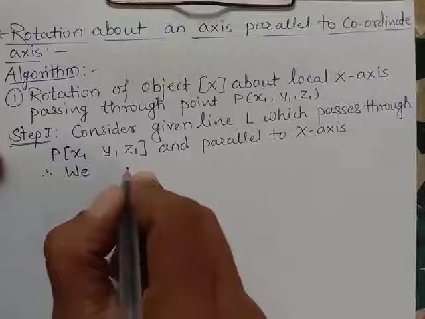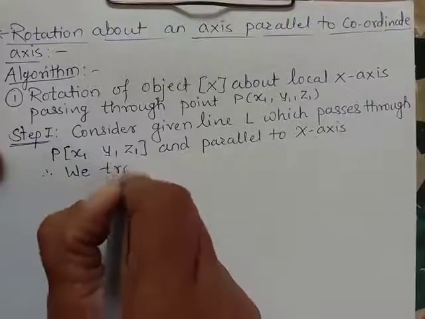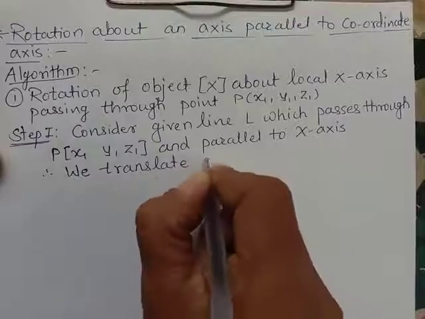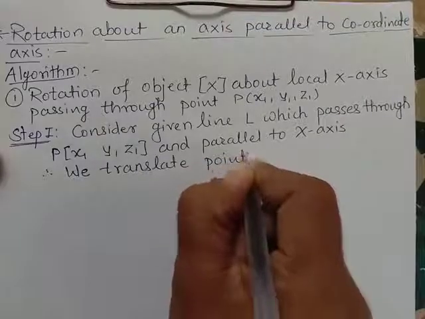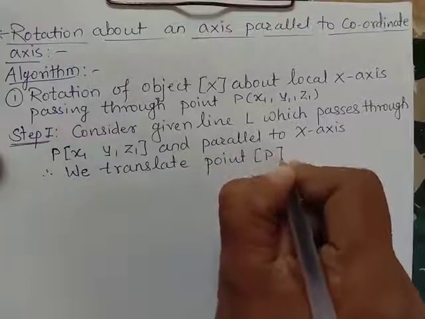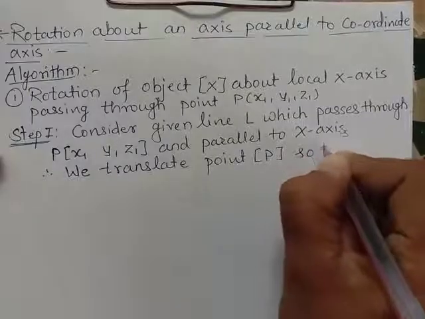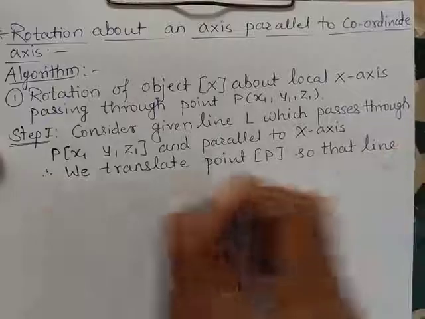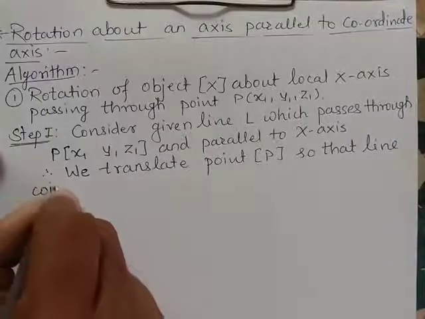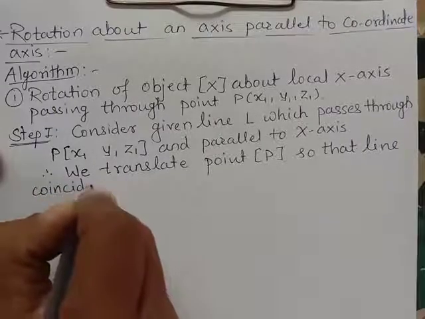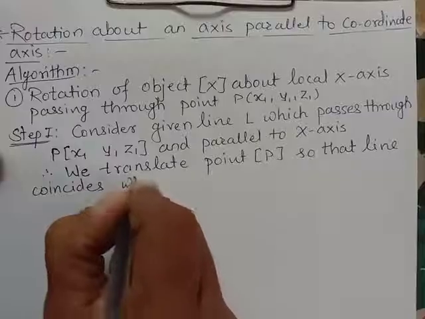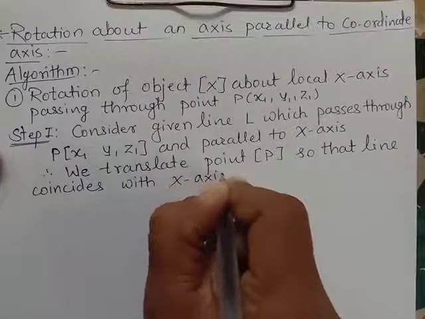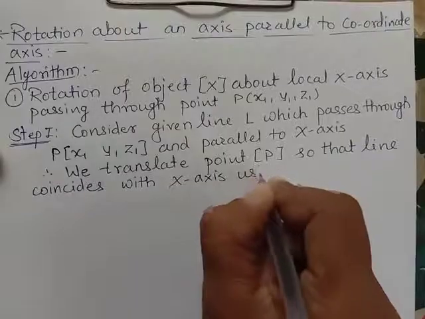So we translate point P so that the line coincides with the x-axis using a translation matrix.